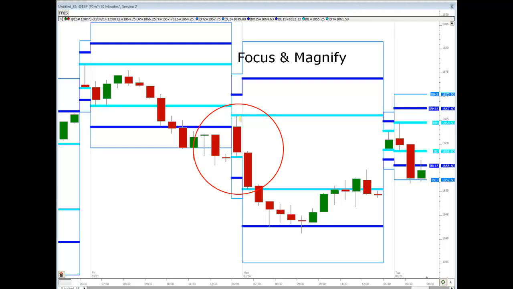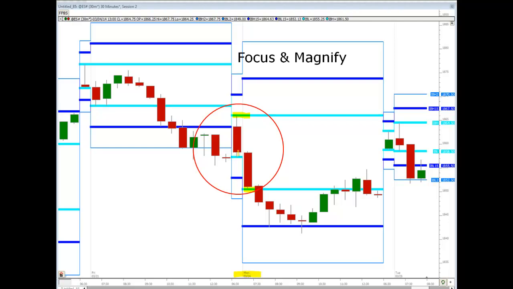We can only do that by first of all focusing on the initial balance high and initial balance low, these first two periods, and looking at where they are relative to the overall price action in the market. The best way is to focus on what happened during this day, which happens to be a Monday.